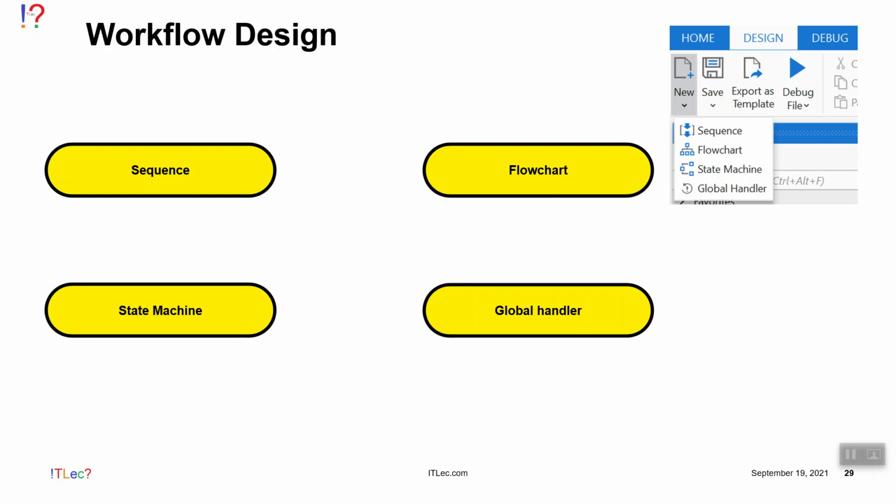You can only create one initial state and more than one final state. And in the end, we have something called global handler, designed to terminate the project's behavior when some exception or error happens.